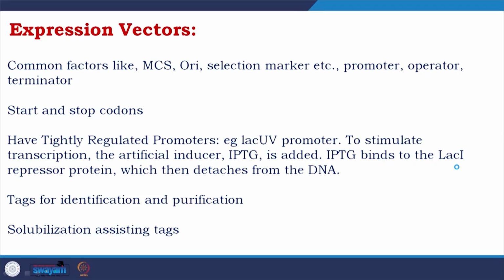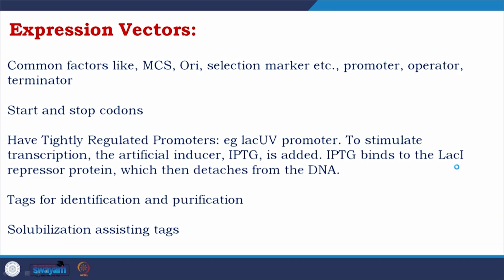Expression vectors have common factors like multiple cloning site, origin, selection marker, which we have already described in the cloning vector, promoter, operator, terminator, they have to be there. Start and stop codons should be there, but in addition, an expression vector should have a tightly regulated promoter.